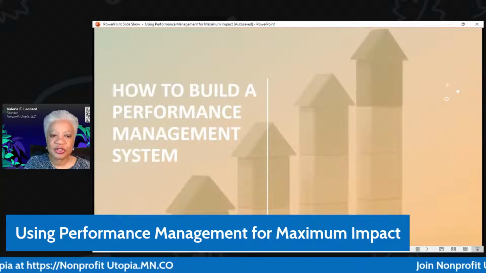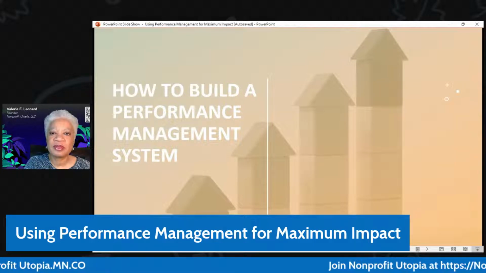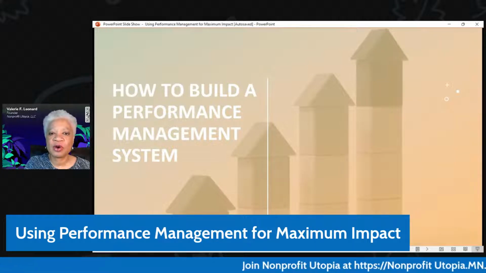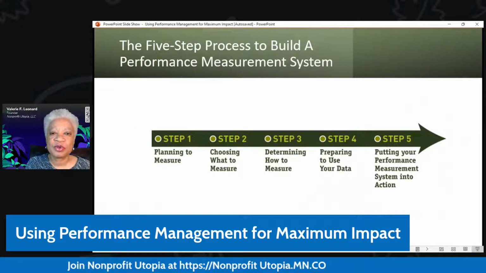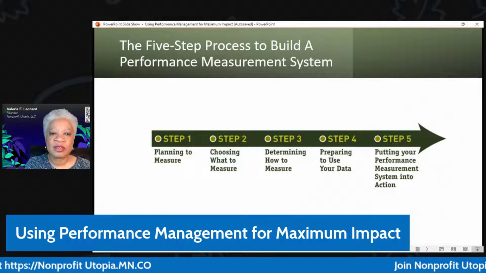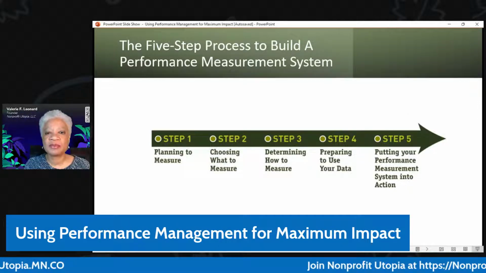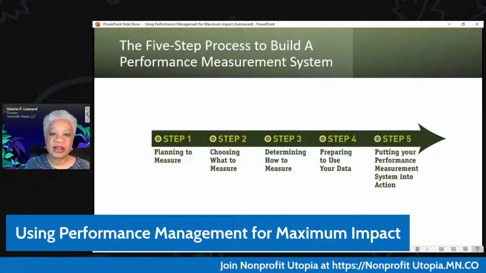All right, so now we're going to show you how you can build a performance management system for your own organization. And if you're a member of the Nonprofit Utopia community, again, you will be able to download this workbook, which goes into much, much more detail than what I'm sharing here today.